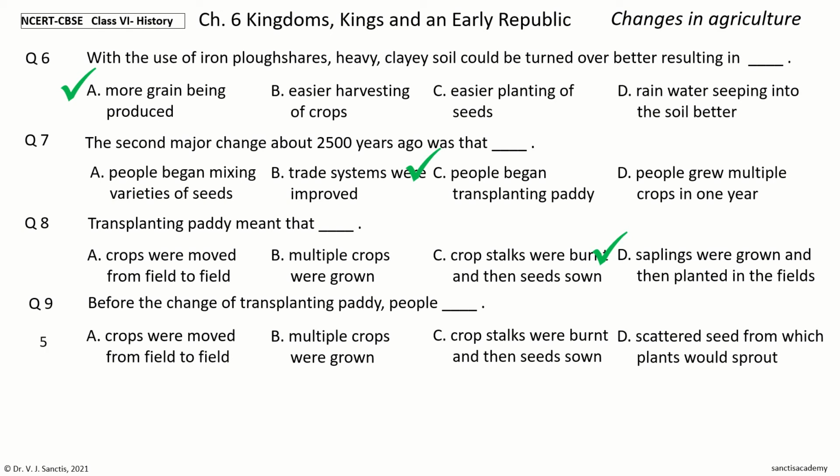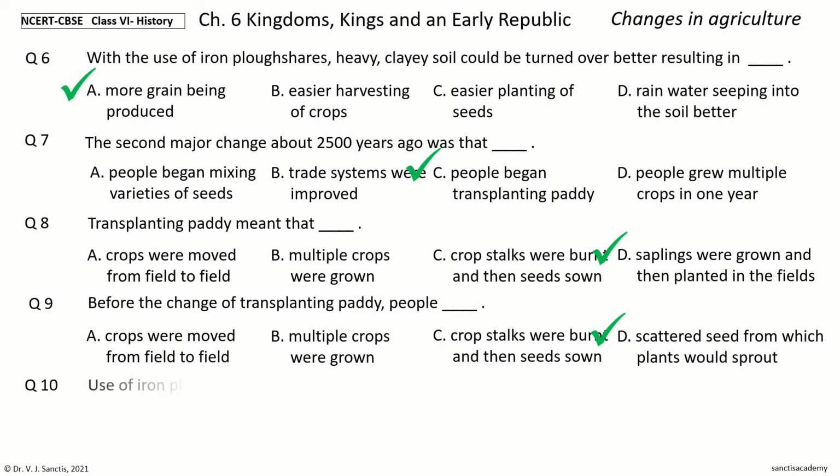Your time to choose. And the answer is scattered seed from which plants would sprout. So, before the change of transplanting paddy, people scattered seed from which plants would sprout.